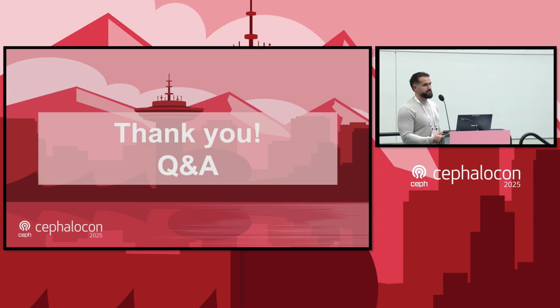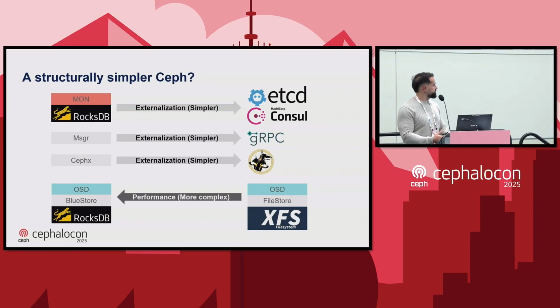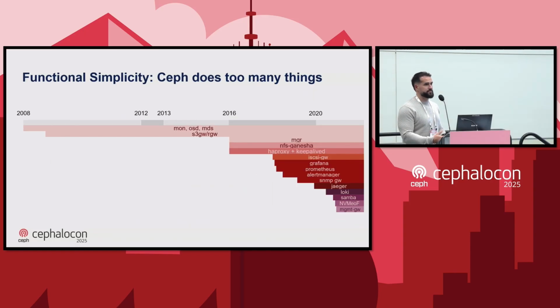A common refrain nowadays is that Ceph is trying to be the Linux of storage. When you showed one of those final graphs where we have all these different services built into Ceph, I think of the Linux kernel, which has an unimaginably large amount of lines of code, possibly the most of any software project. It almost looks like we're embracing that at a code level.